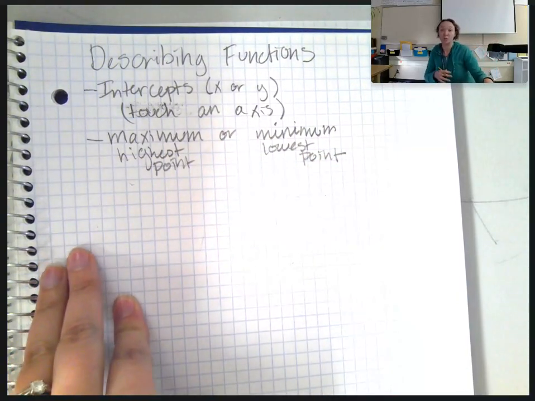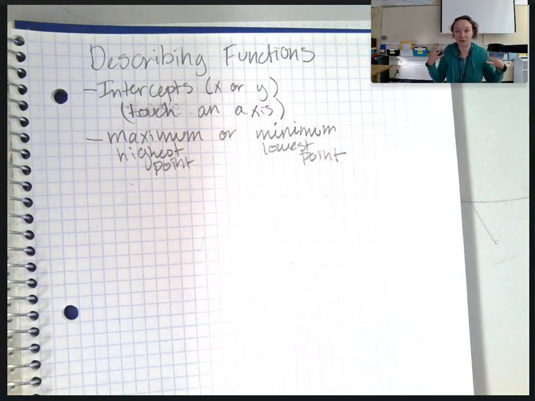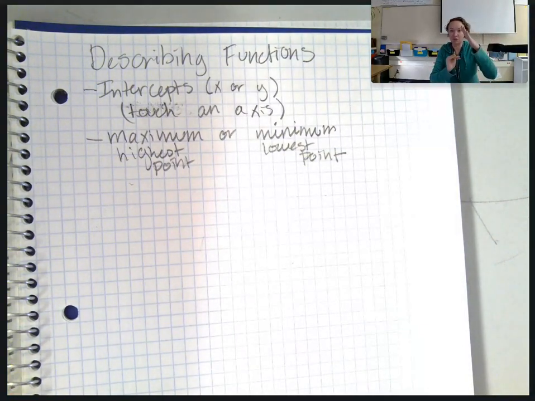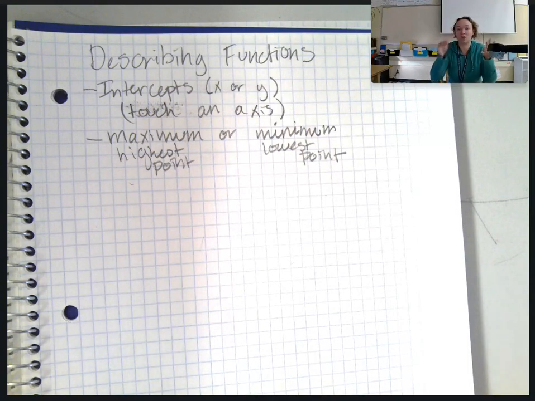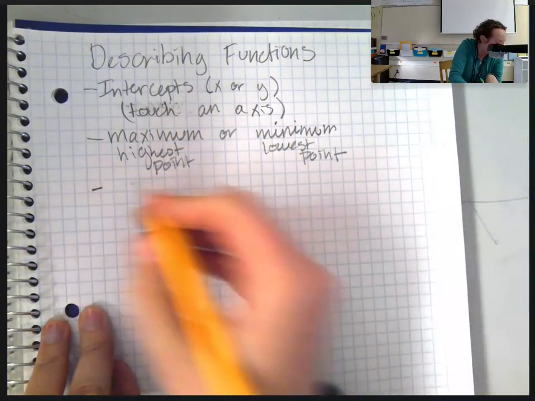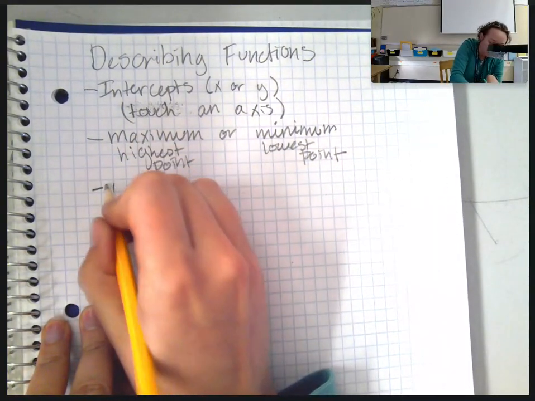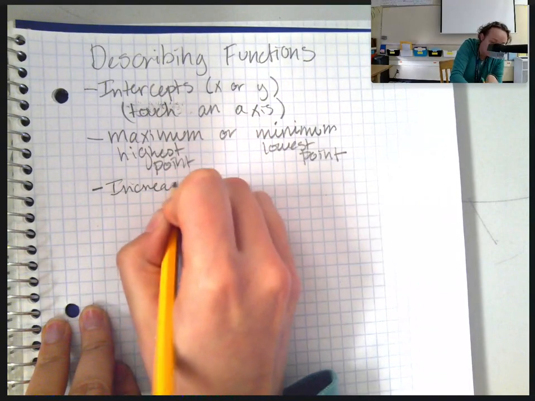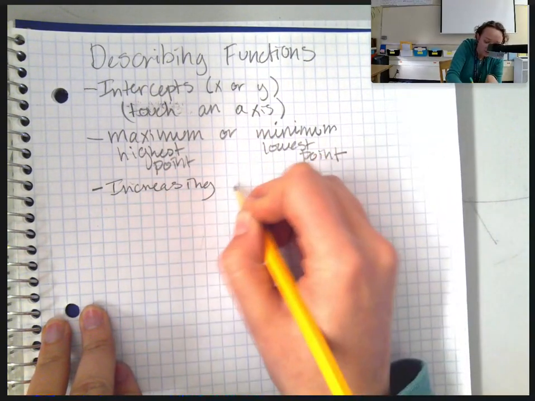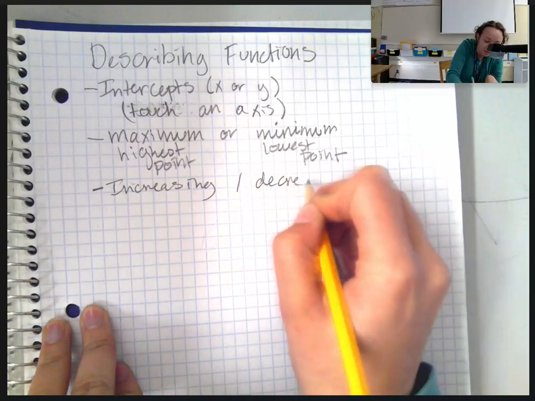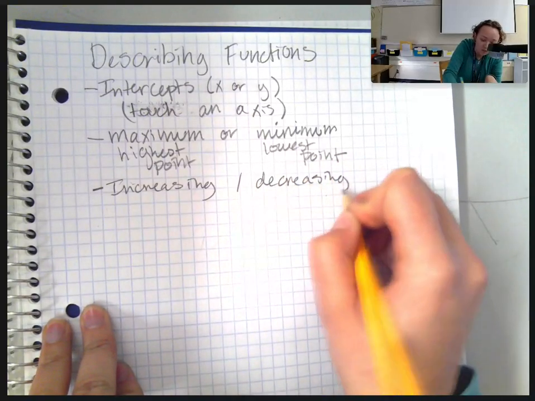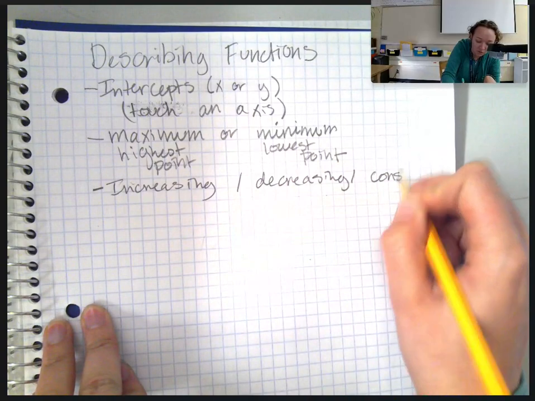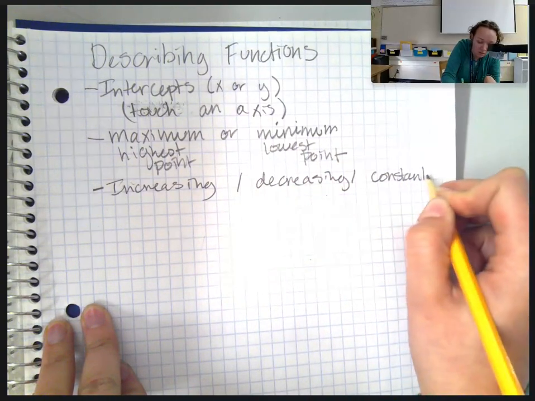Okay, we can describe sections of a graph as being increasing, decreasing, or constant. This is new. We've talked about this before, but we're formalizing that language. And this is always referring to slope. So increasing, decreasing, or constant are the three options.